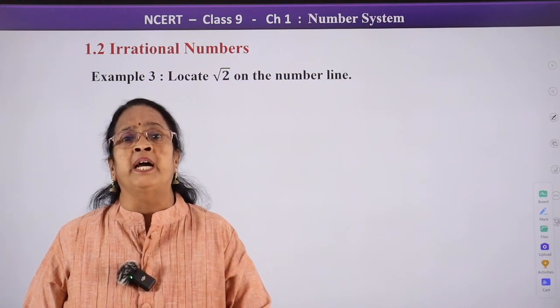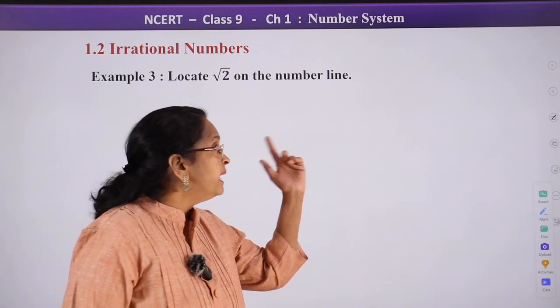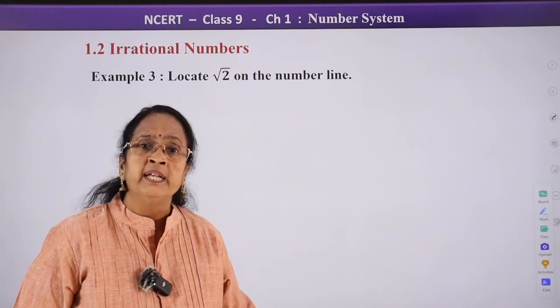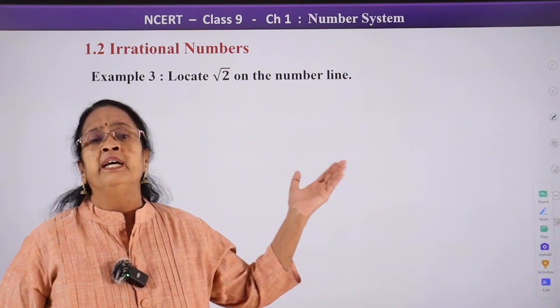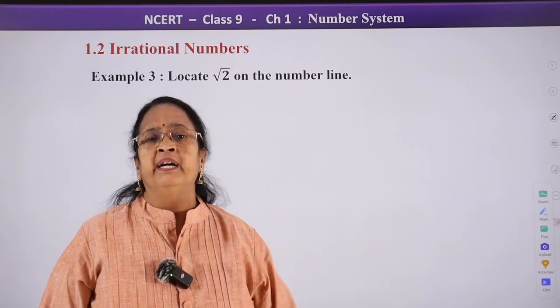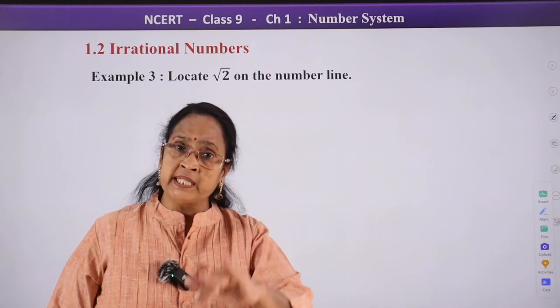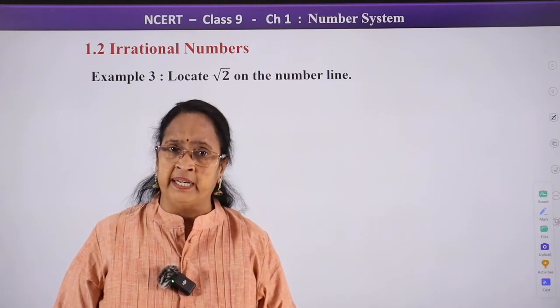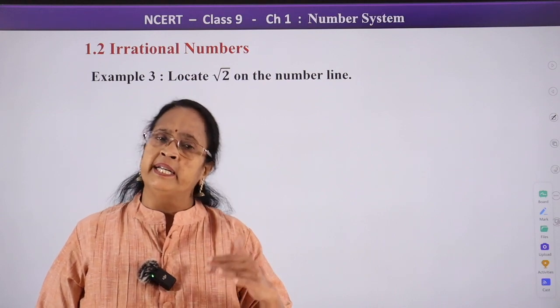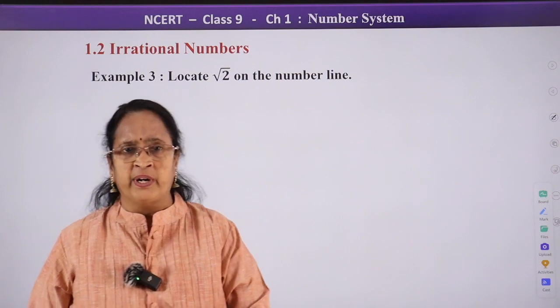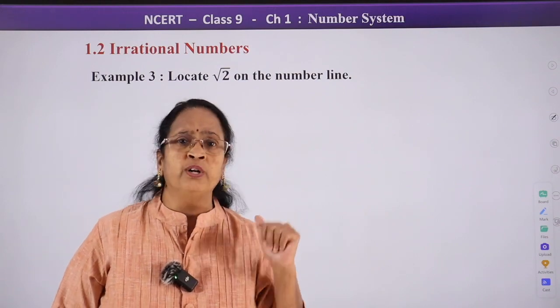Now is the time to locate irrational numbers on the number line, because the chapter deals with irrational numbers. And it is not just I who said it can be located on the number line, it is already said in the book. Okay, now let us locate it.